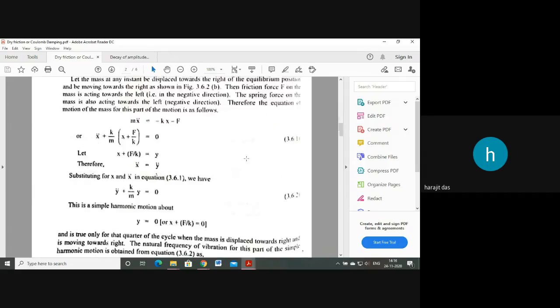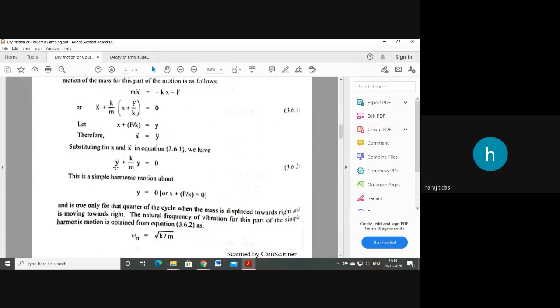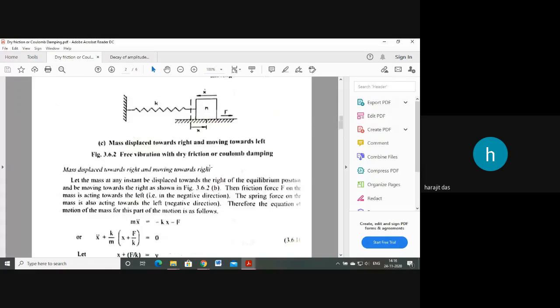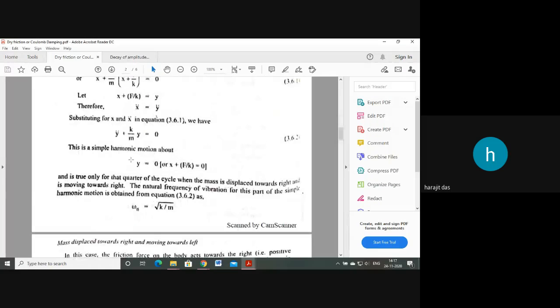So with respect to y equals 0, the body will be having a simple harmonic motion. Understood? Earlier, x double dot plus k by m x equals 0 was the equation of motion where the system was having simple harmonic motion with respect to x equals 0.